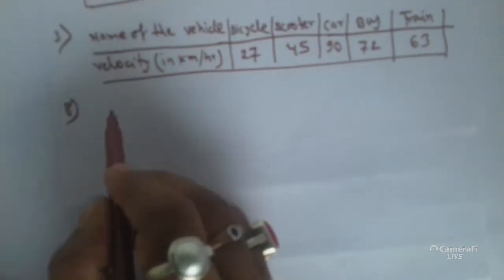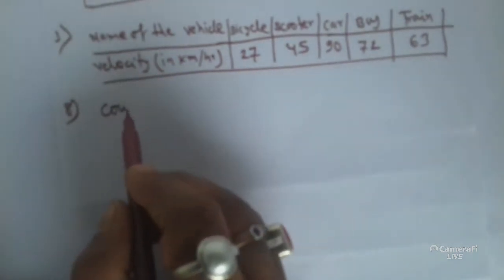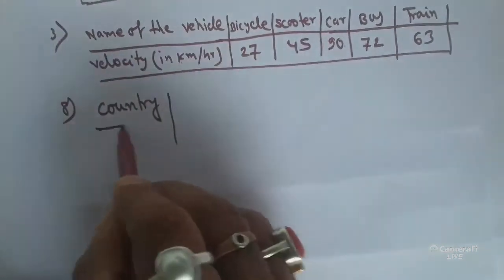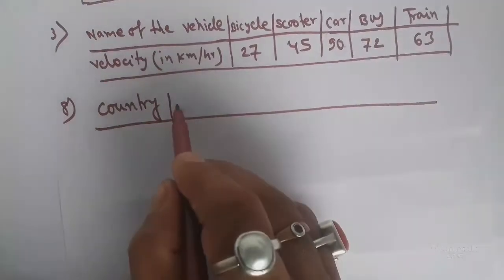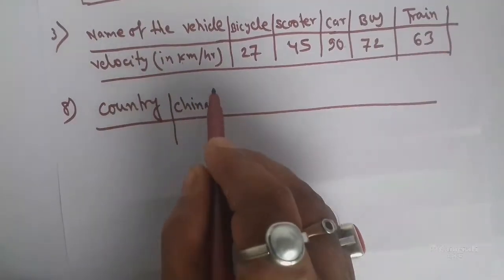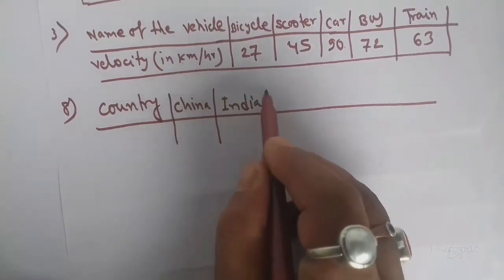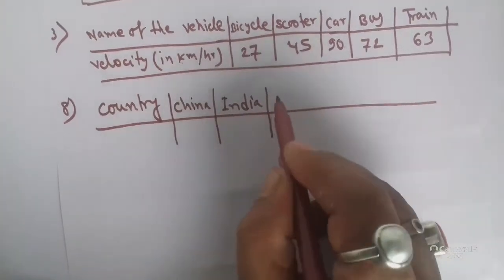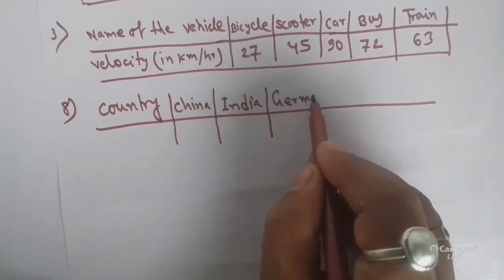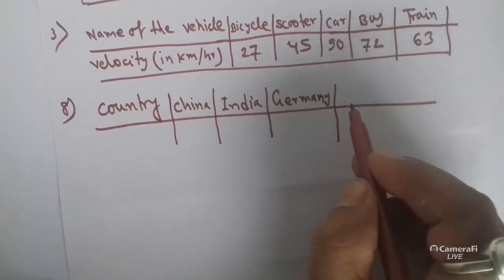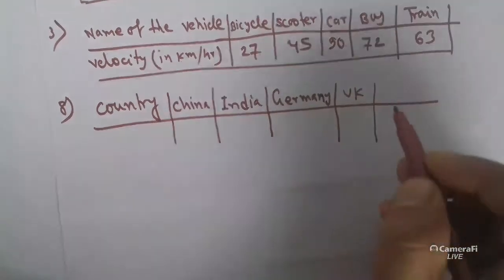So the data given is, first of all we have to write the country name: China, then India, then Germany, then UK, then Sweden.